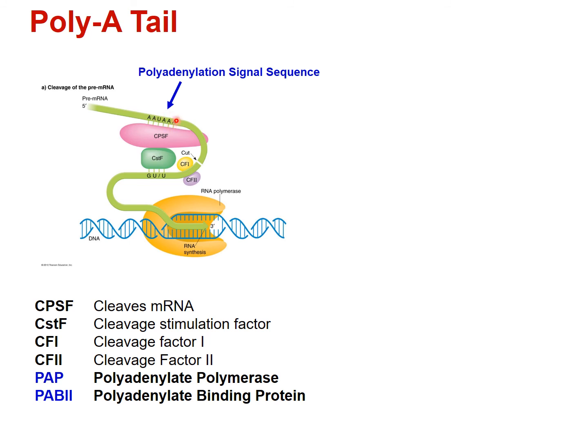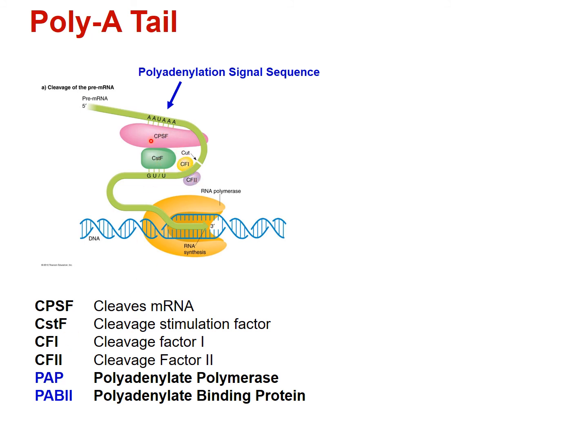I mentioned before that after the RNA polymerase passes the signal, there is a cutting of the RNA. This signal is recognized by certain proteins. CPSF is involved in cleaving the RNA. There's a cleavage stimulation factor, and then there are other cleavage factors shown here.